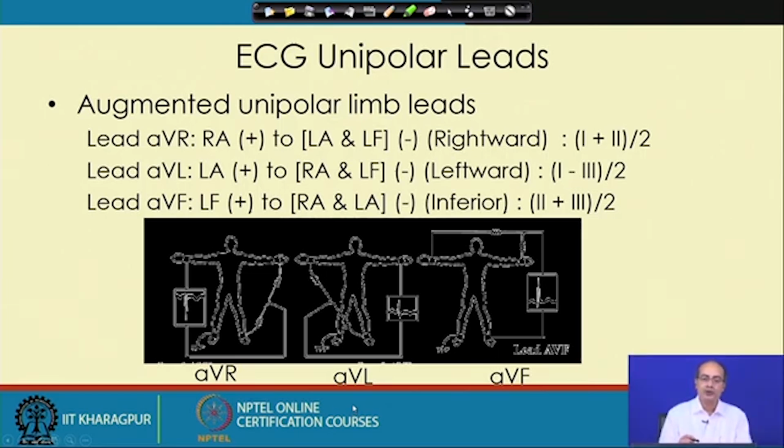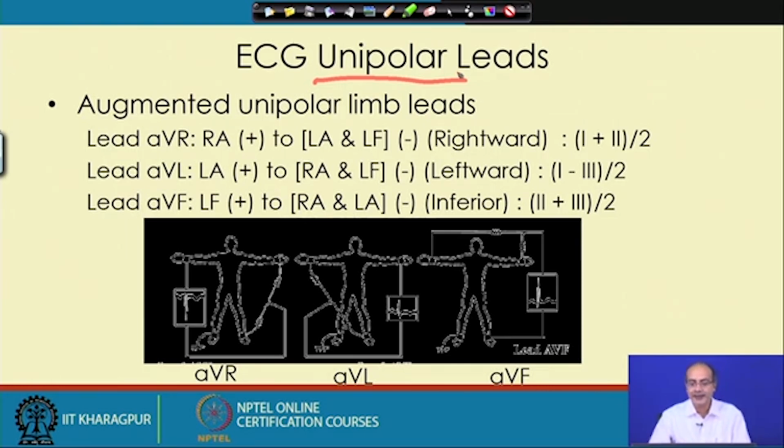Next, we come to more leads. The first thing we should note here is that we are talking about the unipolar leads. Now, how is it possible that with one lead we can measure a potential?